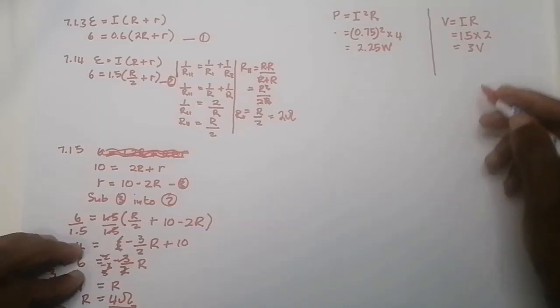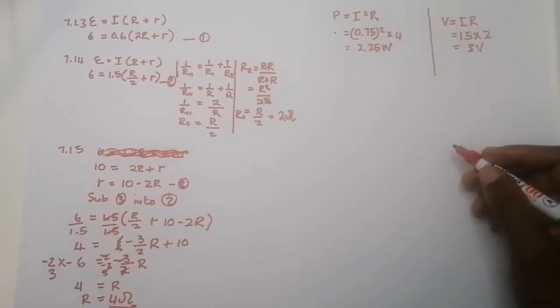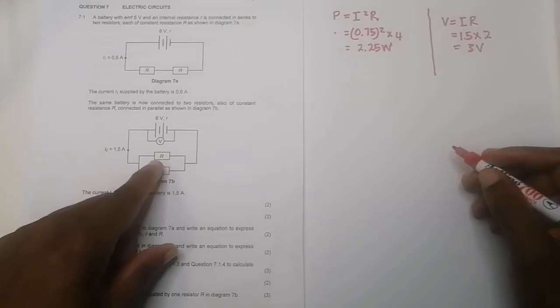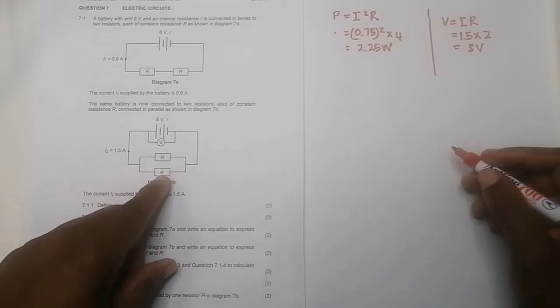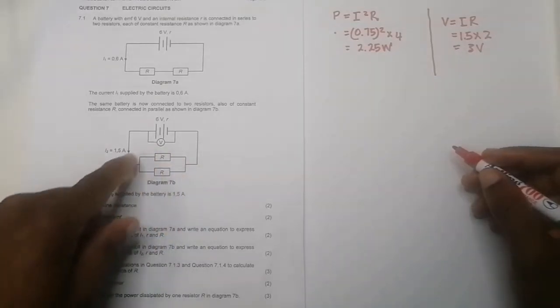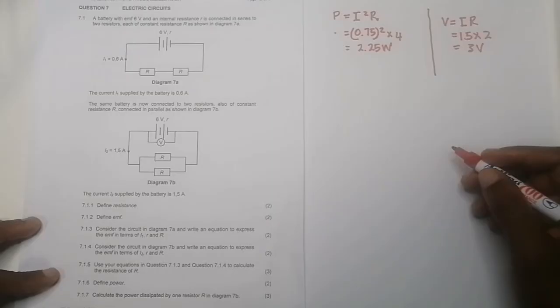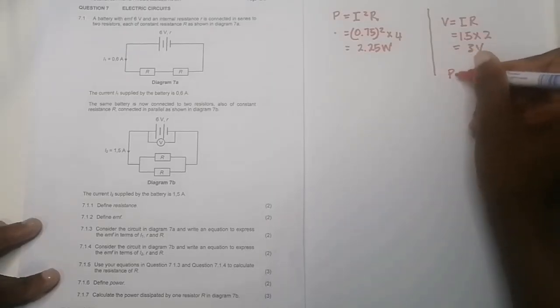Remember, in parallel, voltage is the same, so the voltage across R would be the same as the voltage across the other R, and the same as the voltage across the effective resistance between the two. So in this case, I can simply calculate power.